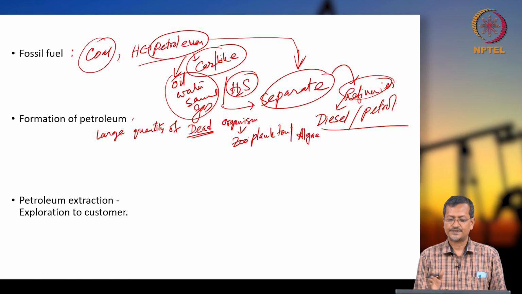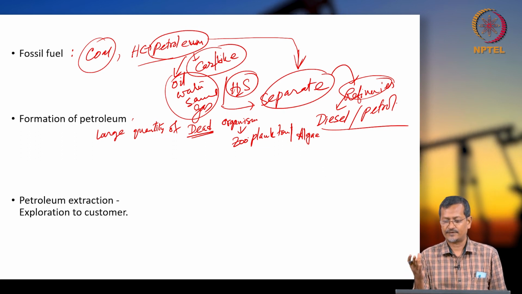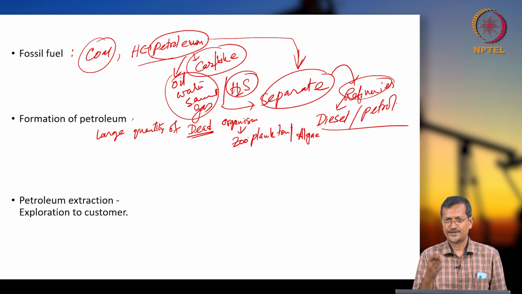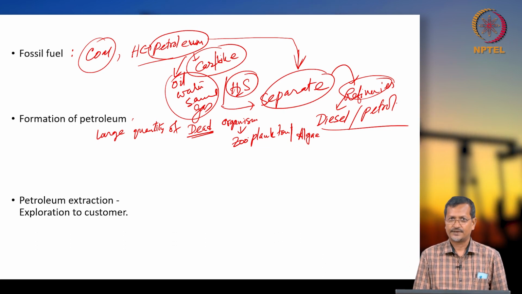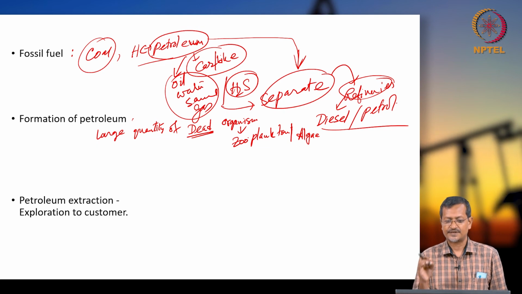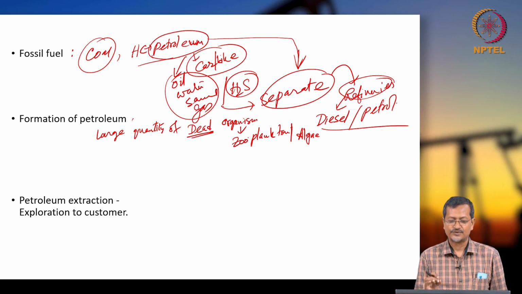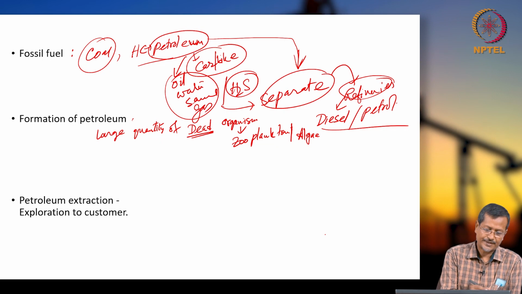Because of this huge amount of import, you are giving lots of money to other countries. So the government is trying to replace petroleum as much as possible using biofuel. That is also at a basic stage, so our dependency will still be on petroleum. So you have to study a little bit of the historical perspective.